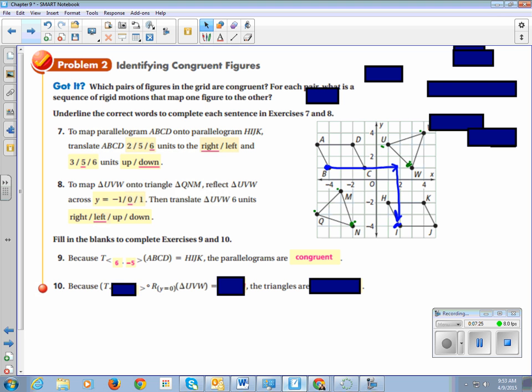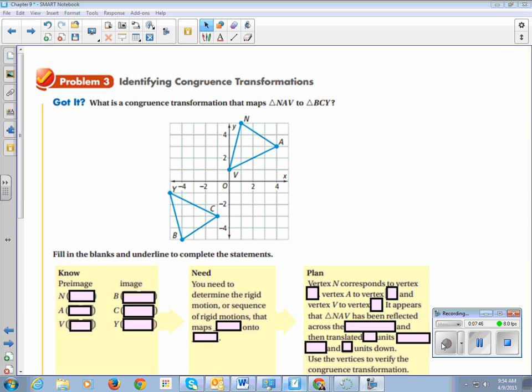And then because we had a translation of left 6 and over 0, and a reflection, then the triangles are also congruent. Because we had rigid motions both times. All right, so let's look at this problem number 3.